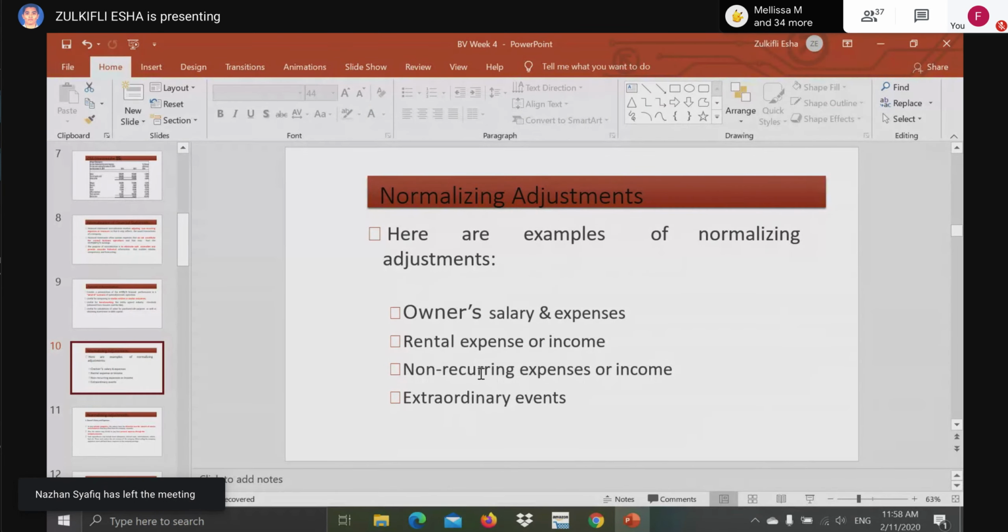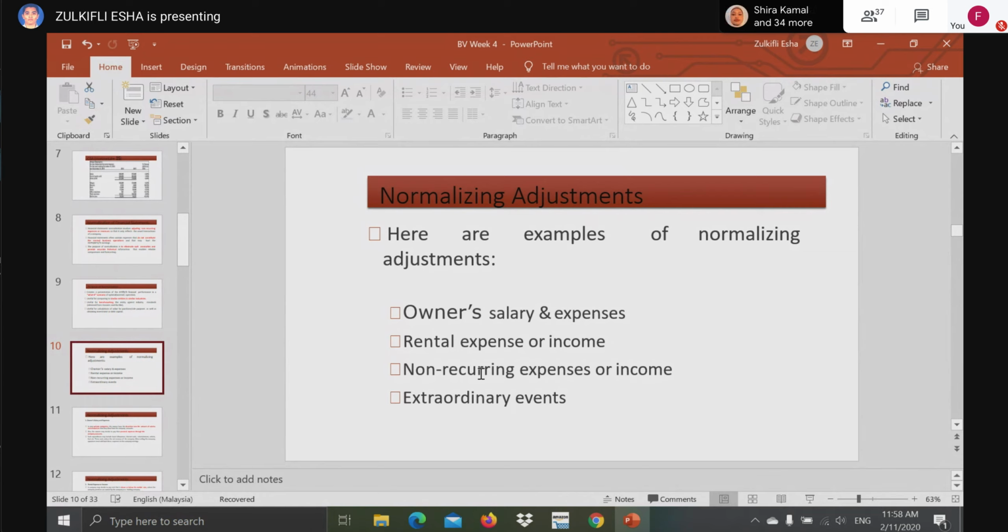Then you can measure whether it is an increase or decrease among the different years' figures. So you need to do CSA for your income statement and your balance sheet, both vertically and horizontally.